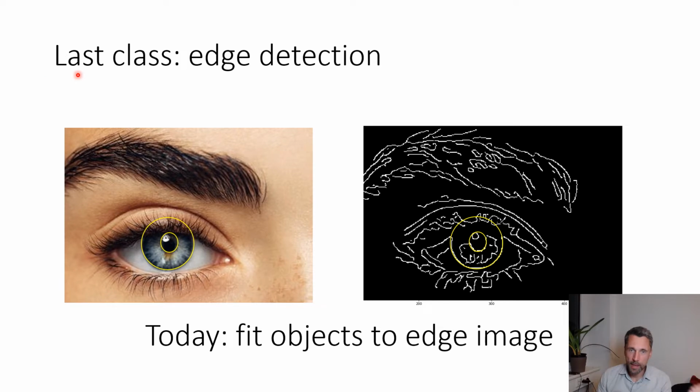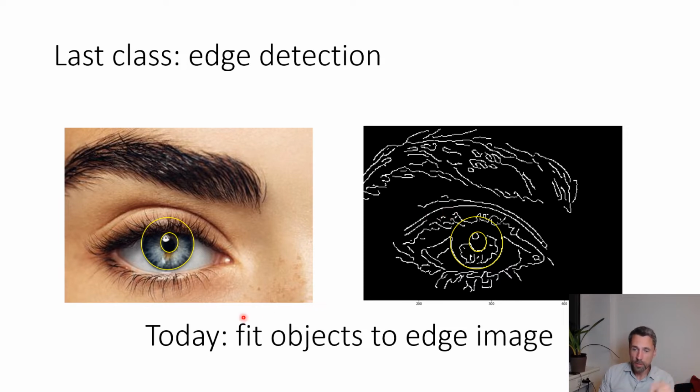So in last week's lecture, we looked at how to detect, thin, and track edges with the Canny edge detector. So an input image like that would be transformed to a binary image that has ones at those image positions where we have borders or edges and zeros else.